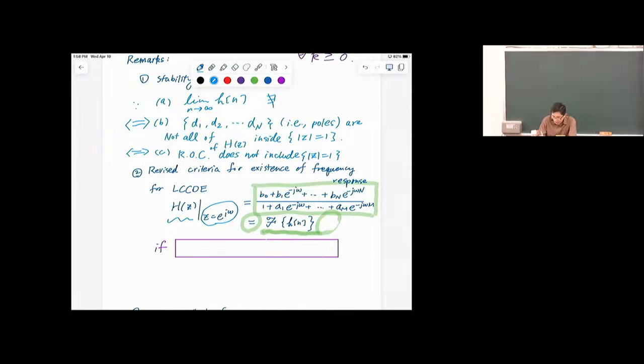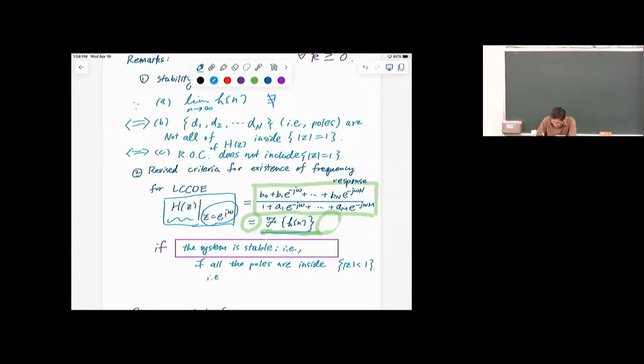The Fourier transform of our impulse response equals the system function evaluated on the unit circle if the system is stable. In other words, if all the poles are inside the unit circle.